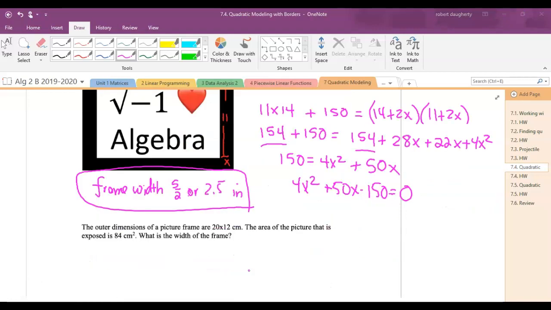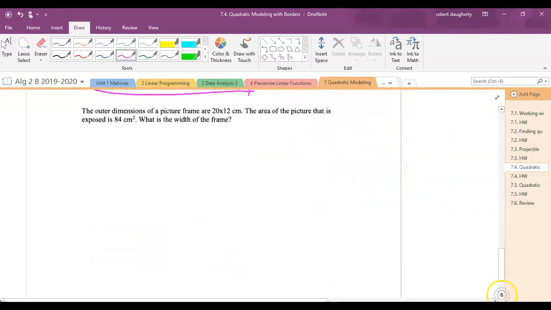Okay, how about the other homework that you have? This one's a little bit different. What's different about this problem? Okay, well, you're going to power through that because there will be no picture on the task. What's different here? It says the picture frame. Yeah, what did the other one start with? I gave you the area of the picture or the poster.